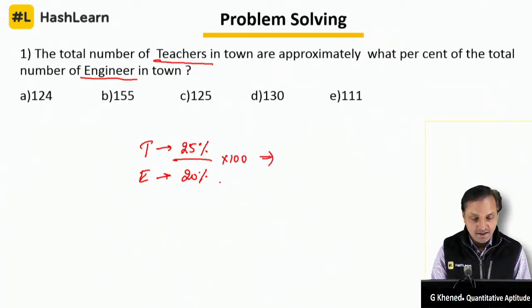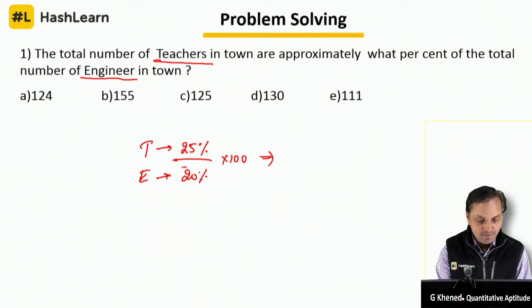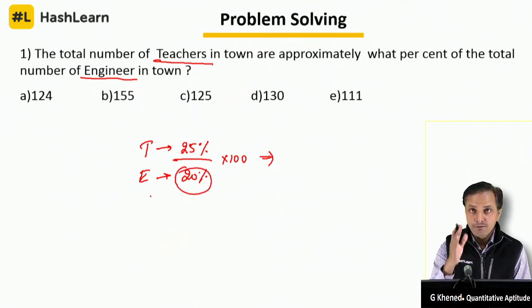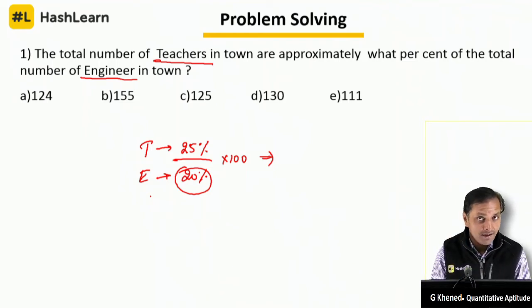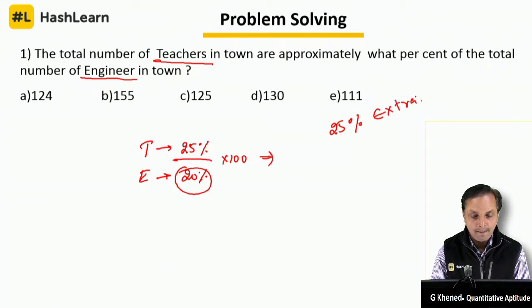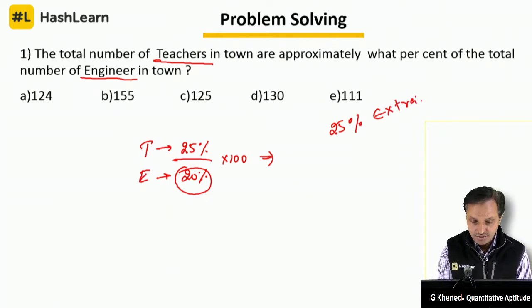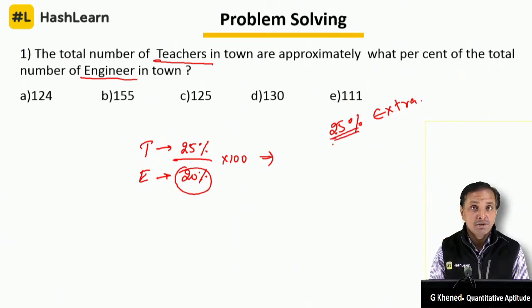Logically you can say that you can split 20 as 5, 5, 5, 5, 4 parts. So in the numerator there is 5 extra, which is nothing but 25% extra. So logically you can say 25% extra, or you can just divide and tell. So 25% extra means 100 is the total, 25% extra means 125.